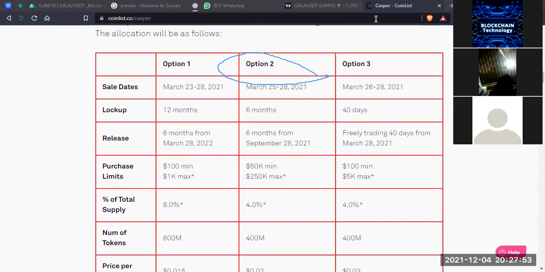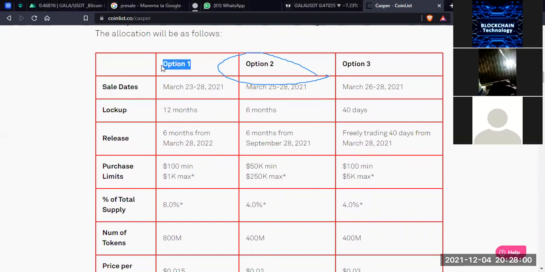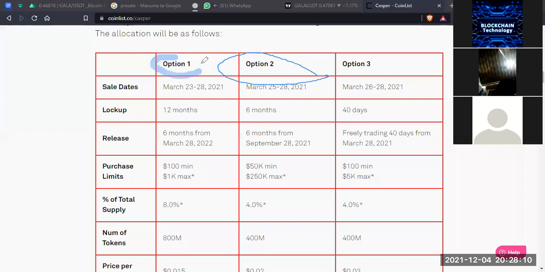Let me show you what to do when you get here. So this is option one. The sell date was March 23 to 28.